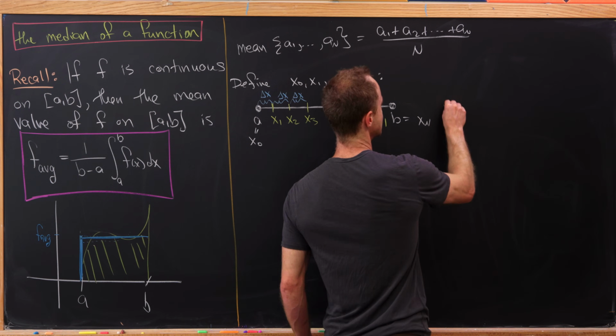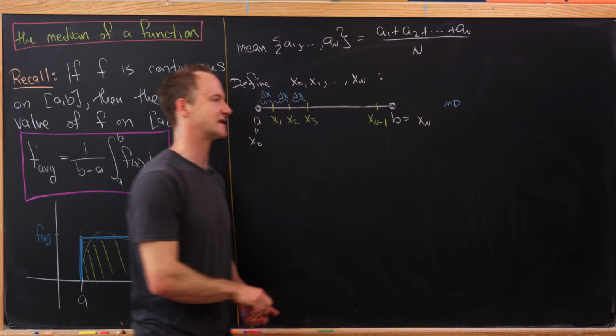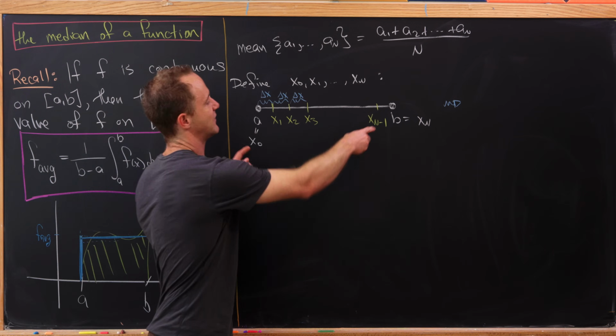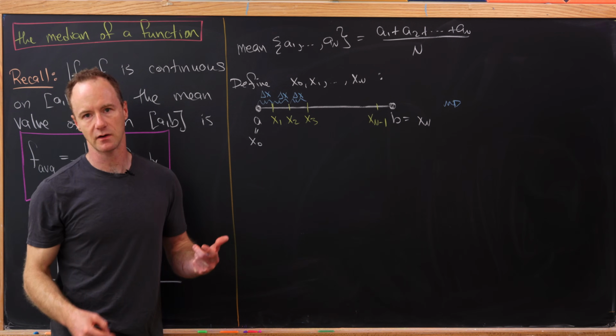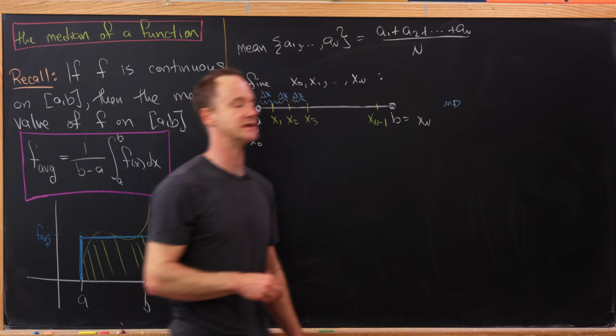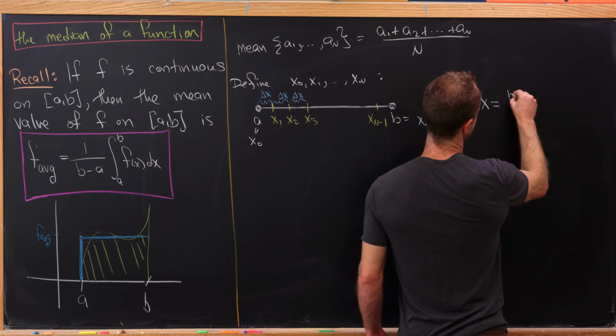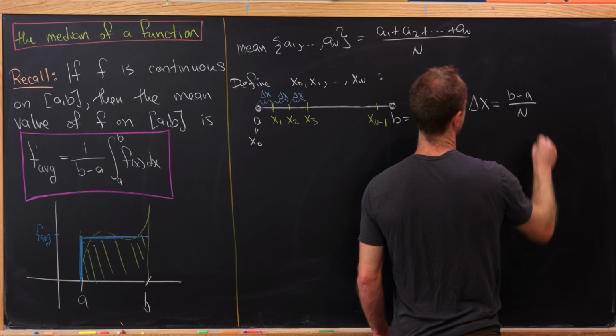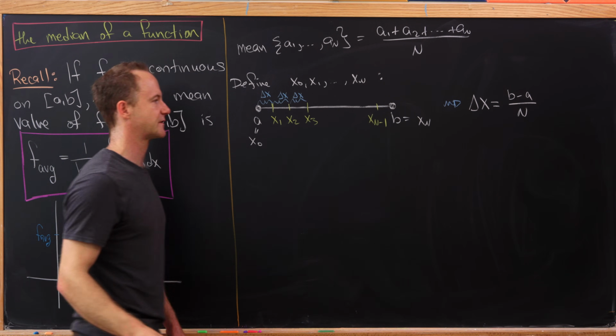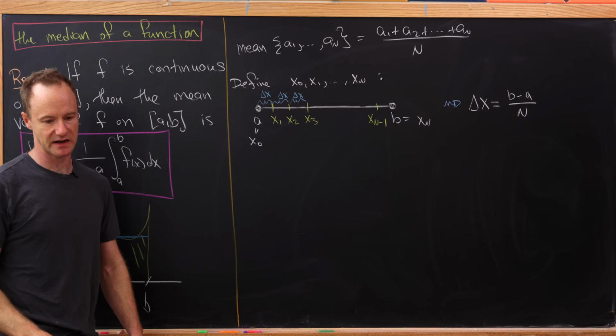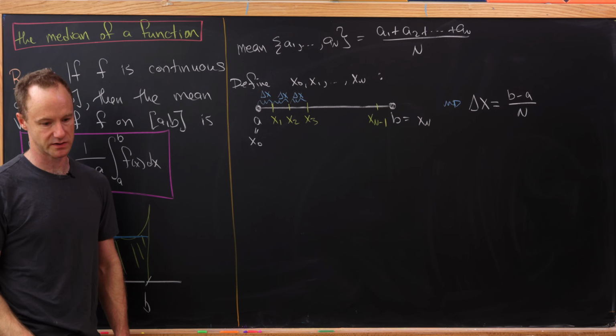But notice because of that, we can easily write delta x in terms of the length of the entire interval and the number of pieces we're cutting it up into. So let's notice that delta x is equal to (b minus a) over n, because we're taking an interval of length b minus a and dividing it up into capital N parts.